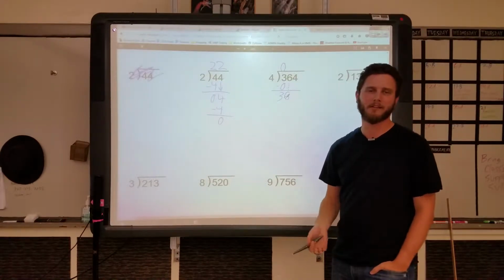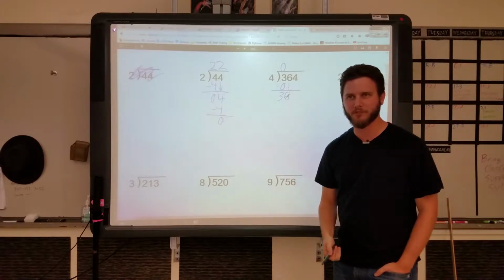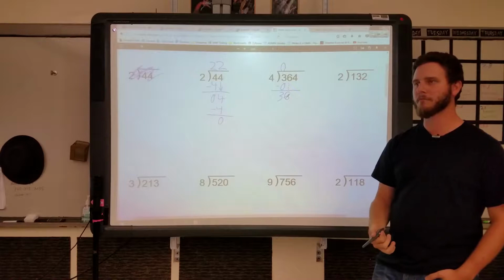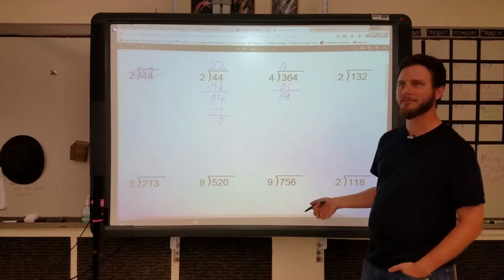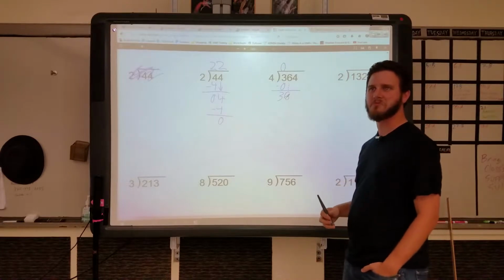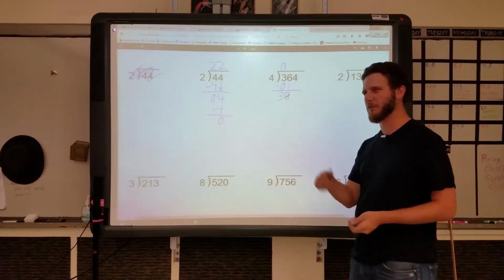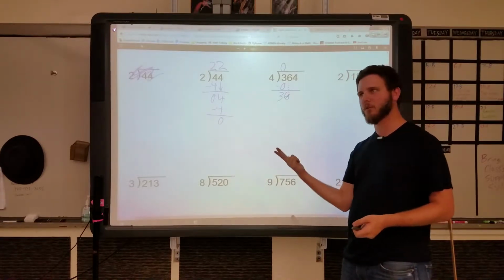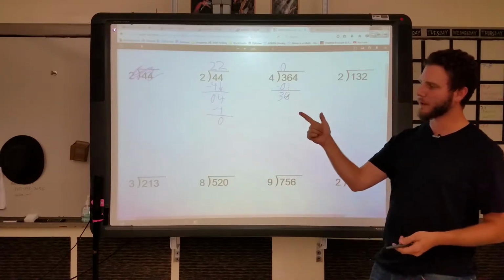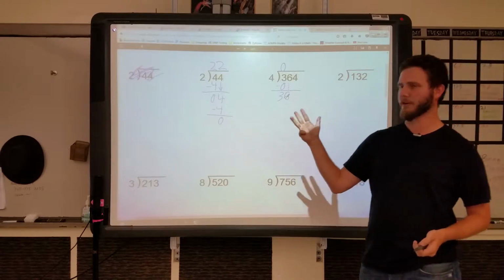It goes into it 9 times if you are familiar with your multiplication tables. If not, you could simply do 36 divided by 4, but then again, I'm helping you practice division. So you may have to count by 4s. 4, 8, 12, 16, 20, 24, 28, 32, 36.